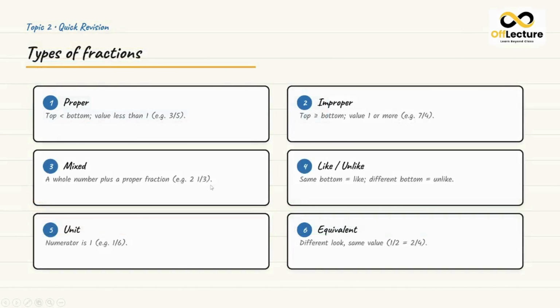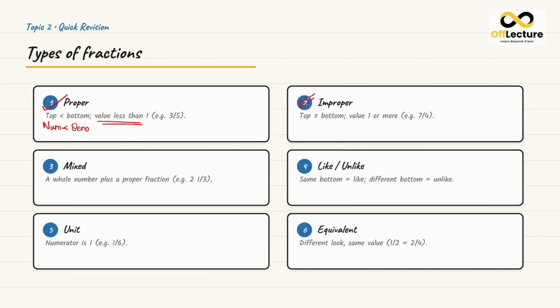So in the types of fraction, we discussed 6 types of fractions. One is proper fraction. The proper fraction is where the numerator, or the top, is smaller than the denominator, which is the bottom, and the value will always be less than 1.